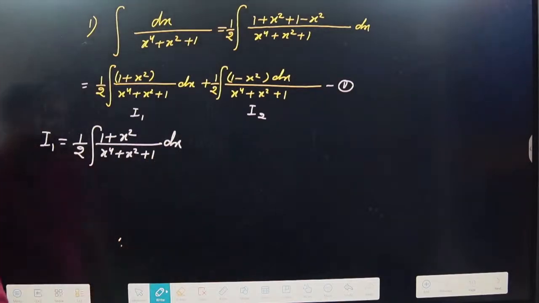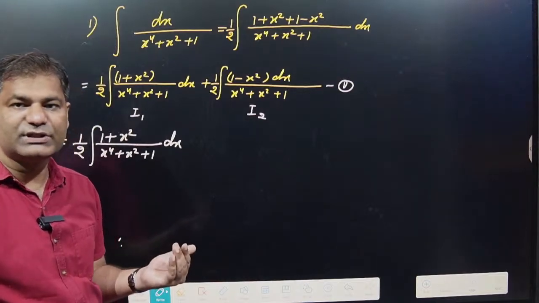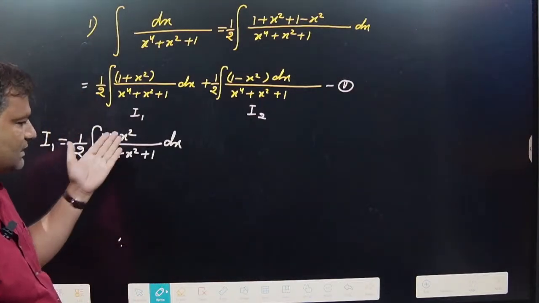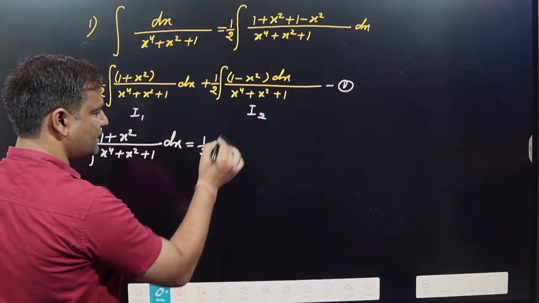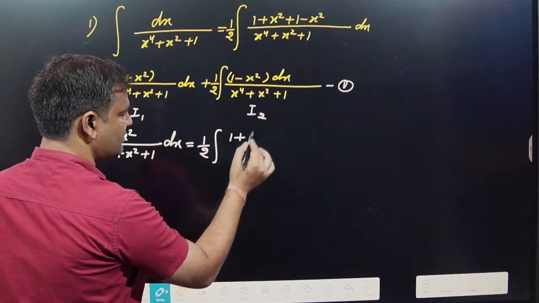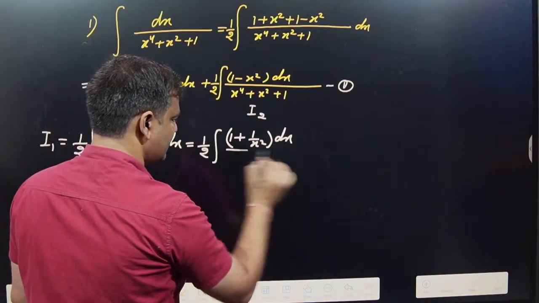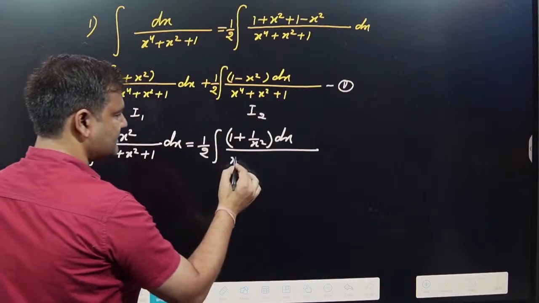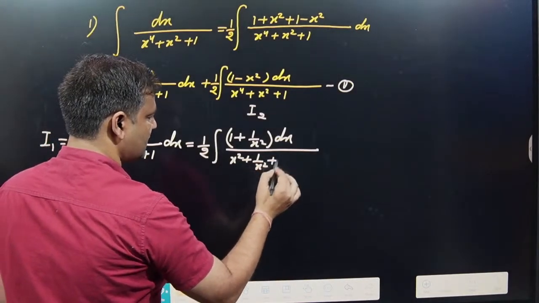Look, in the numerator and denominator there are even powers, so using which concept? Divide by x square in numerator and denominator, then this is written as 1 by 2 into simply 1 plus 1 by x square into dx divided by x square plus 1 by x square plus 1.